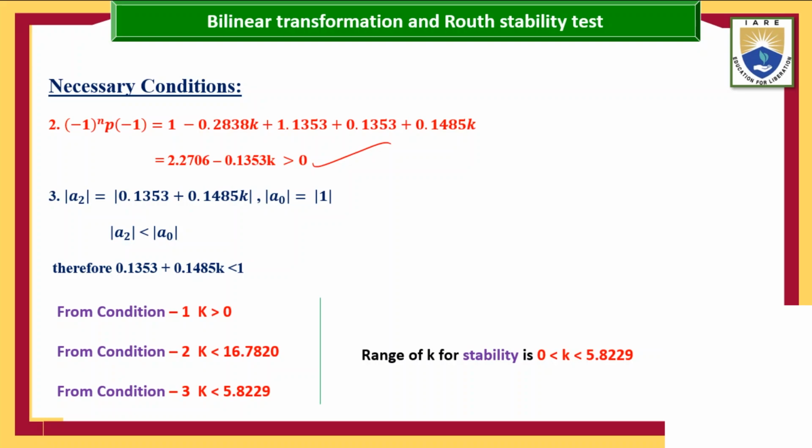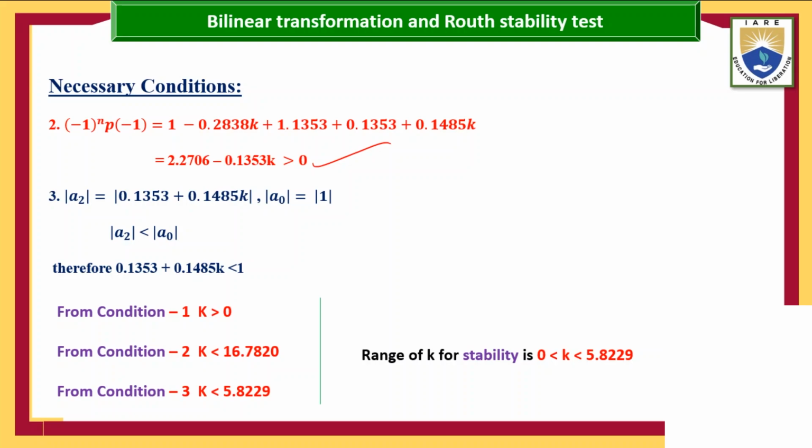Finally, the first condition is K greater than 0, the second is K less than 16.17840, and the third condition is K less than or equal to 5.898229.